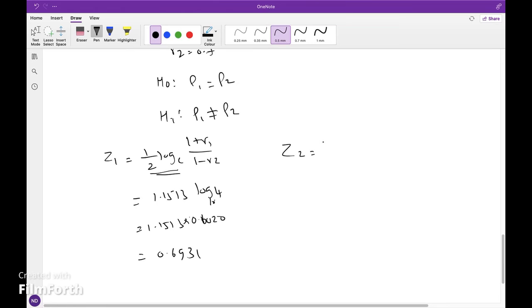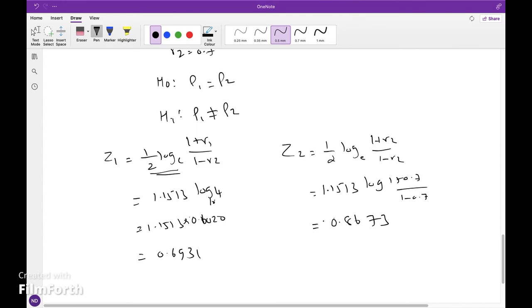Z2 = 1/2 log base e (1 + r2)/(1 - r2). This value we already know: 1.1513 into log of (1 + 0.7)/(1 - 0.7), that is equal to 0.8673.